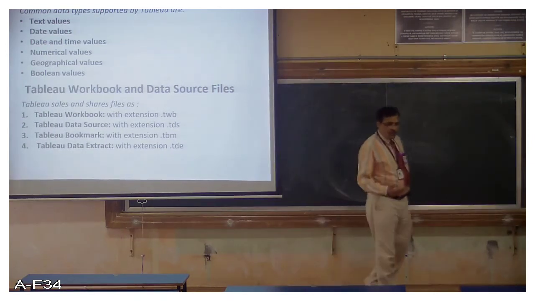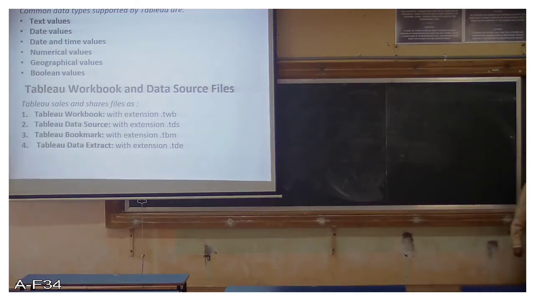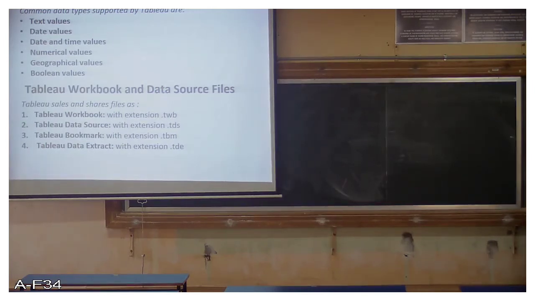These are the 4 file formats that the Tableau software uses. Depending on their utility and the amount of information they contain, the software saves and shares the files in these formats. So coming to the first one, that is Tableau workbook.